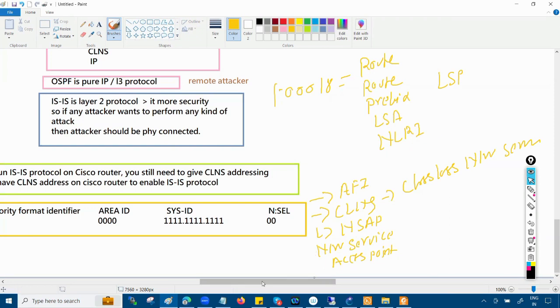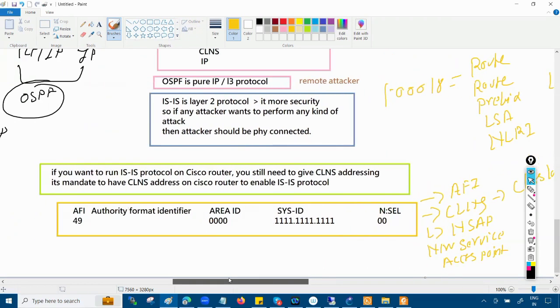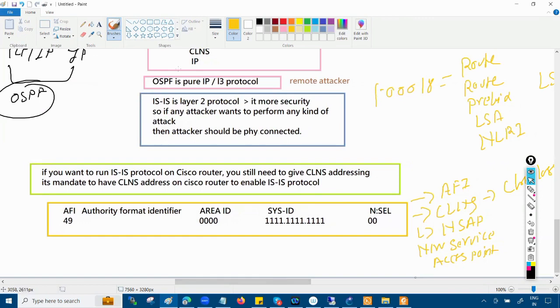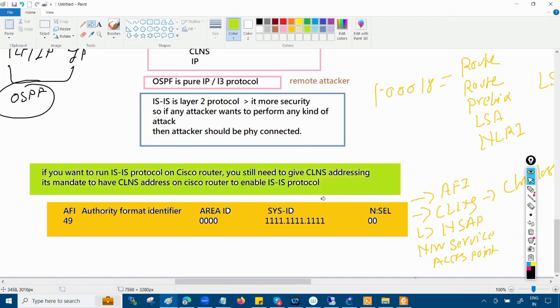People give different names for the same thing. So this address is mandatory on your router. Without this addressing mechanism, you cannot run the ISIS protocol on the Cisco router.